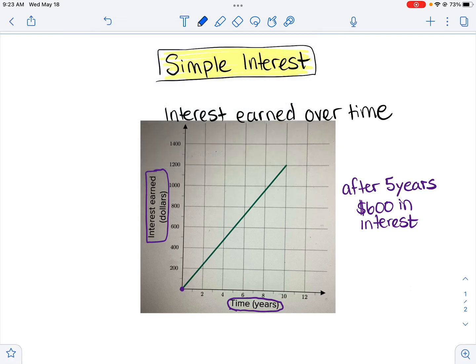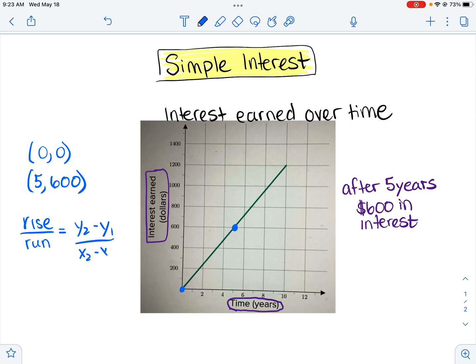Okay, so we do have a point on our line. We know that at 5 years, we earn $600 in interest. And we also know that we start at 0, 0. So we can just do rise over run, or y2 minus y1 over x2 minus x1.